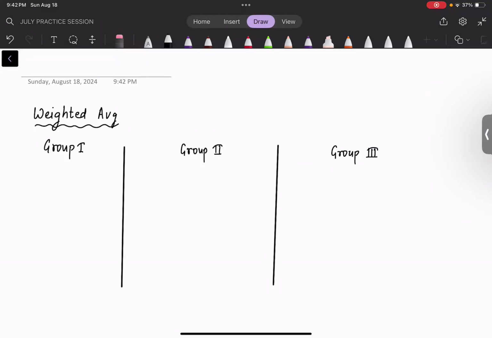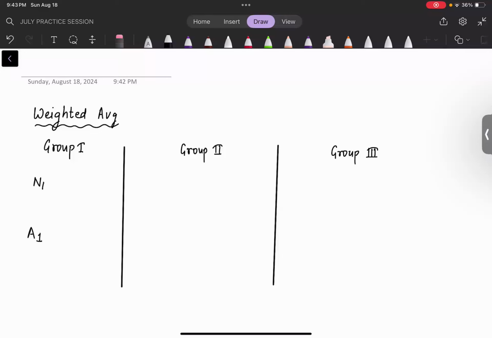Now for each group, what we know is the number of objects. So let's say N1. And what is their average? This average can be average marks, average salary, or something else. Average weight, average height, average marks.